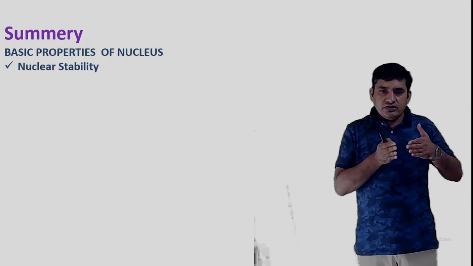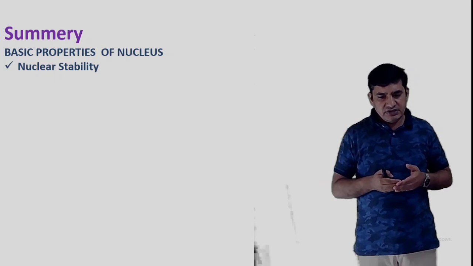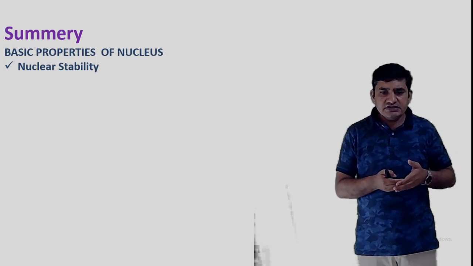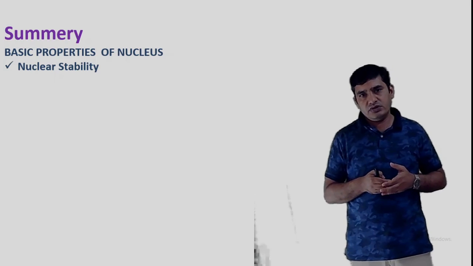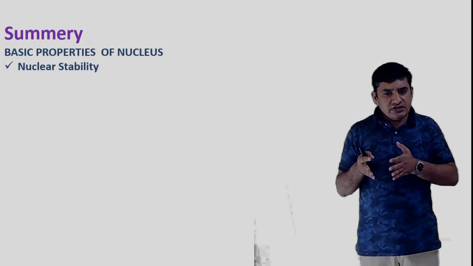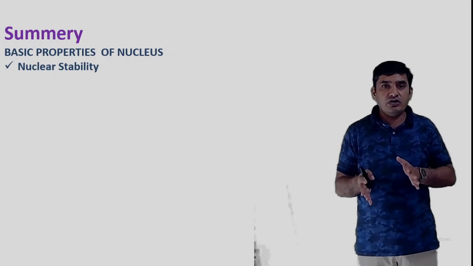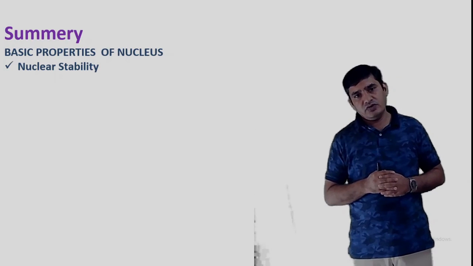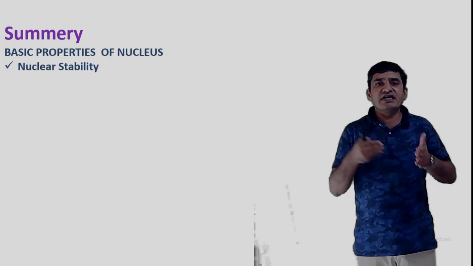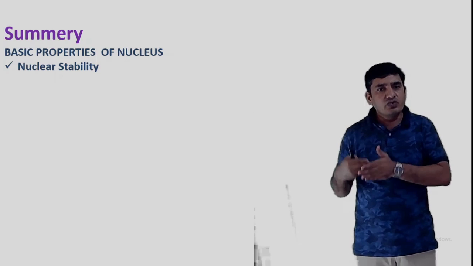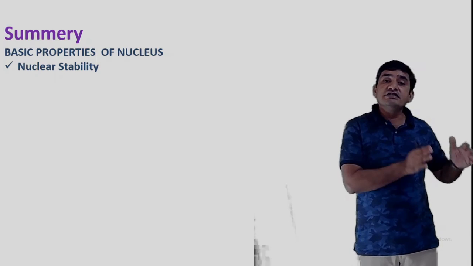Therefore there is a Coulomb repulsive force between the protons, and there is a nuclear force between the protons and neutrons. If the Coulomb repulsive force is greater than the nuclear force, then the nucleus is unstable.